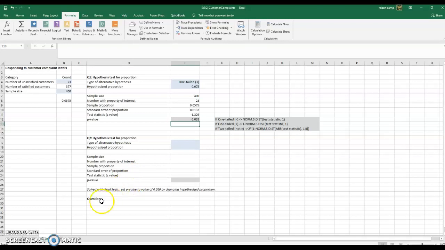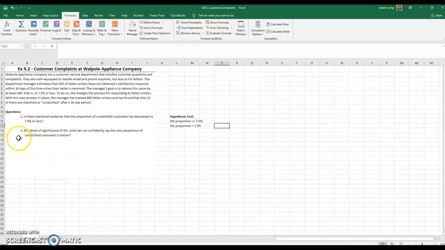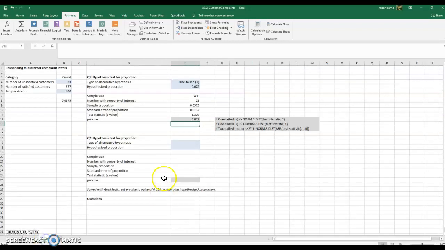Okay, so question 2, at what significance level of 5% can we confidently say the new proportion of unsatisfied customers is below? So what we're going to do is go through this, and we're going to use goal seek to calculate where we need to go to get a p-value of 0.05.